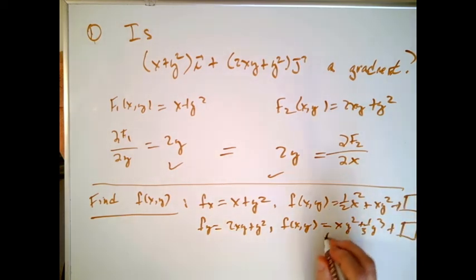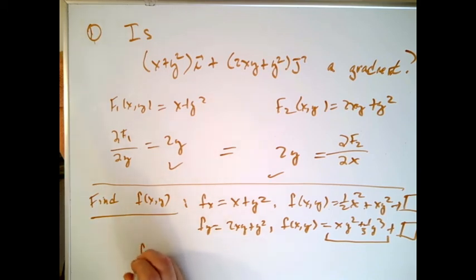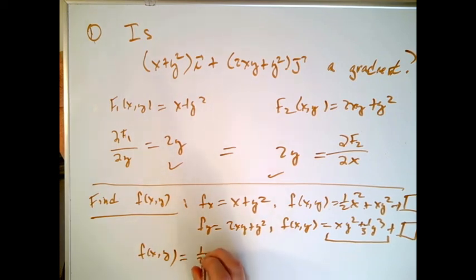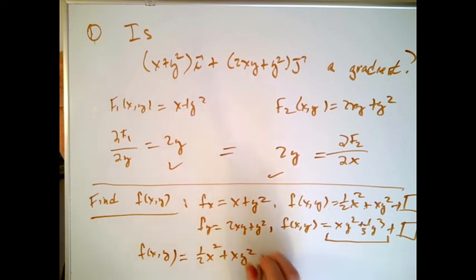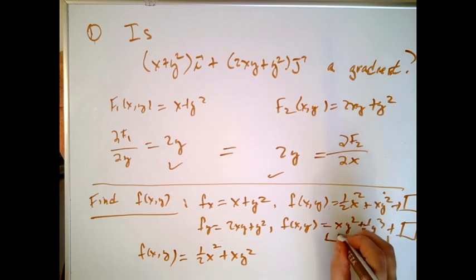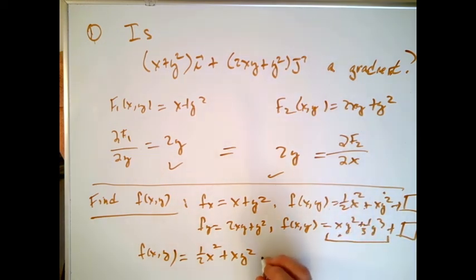Now what we have to do is just look at this and say, minimally, what does f of xy have to have in it? Well, it has to have a 1/2 x squared in it. It has to have an xy squared in it. Now it doesn't have to have 2xy squareds in it. This thing right here and this thing right here says it has to have one. It does have to have 1/3 y cubed in it.